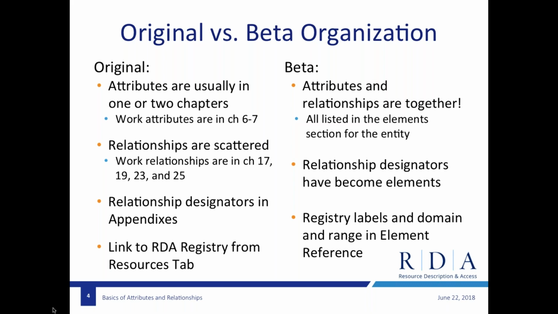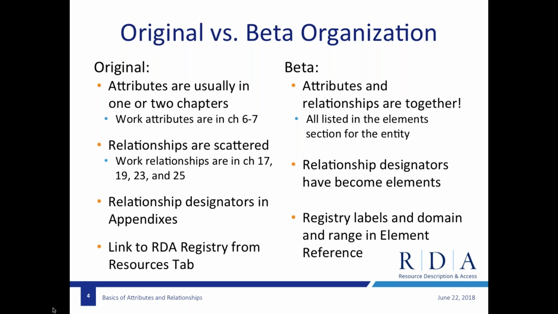So work relationships are found in chapters 17, 19, 23, and 25. Relationship designators, which we use with relationships, are in the appendices. And so we have to go a lot of different places to identify an entity using attributes and relationships. Then the only connection we have in the original toolkit to the RDA registry is a link on the Resources tab.